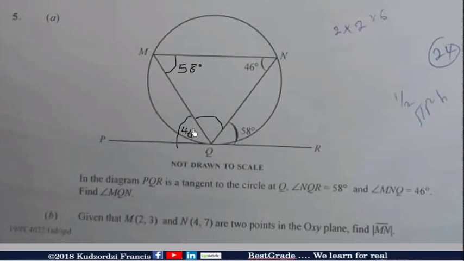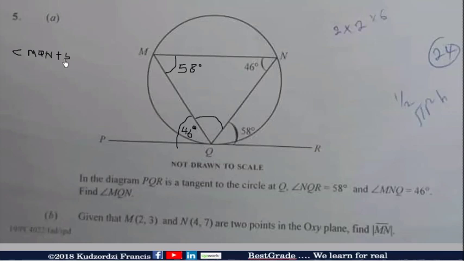Now, with this, we can calculate the missing angle over here. So we know angle MQN, when we add it to these angles, we should get the sum of angles on a straight line, which is 180.